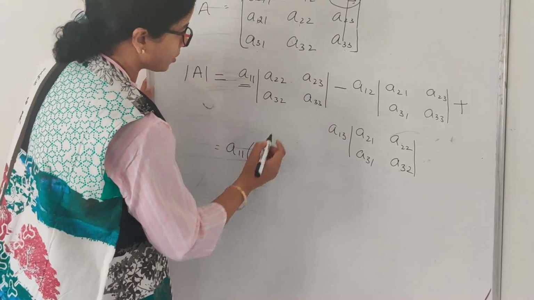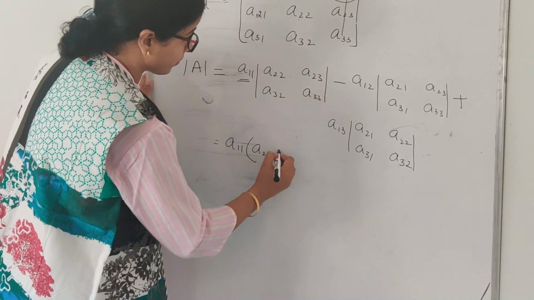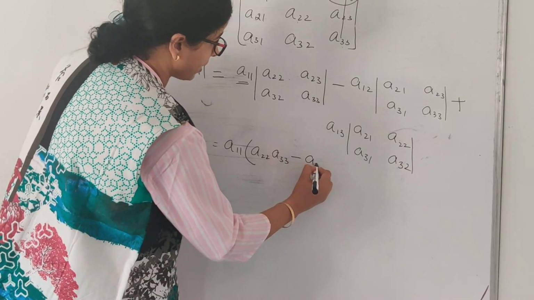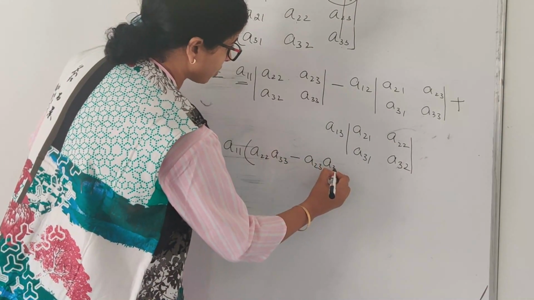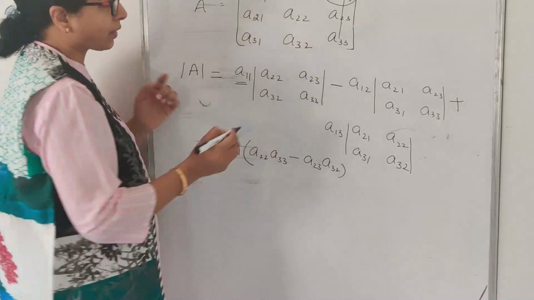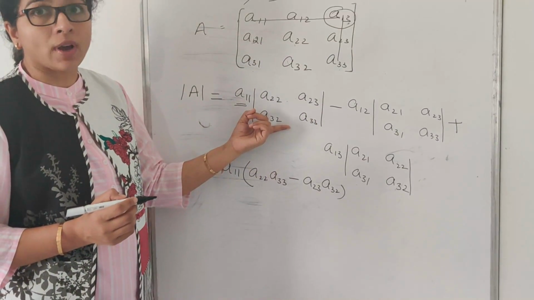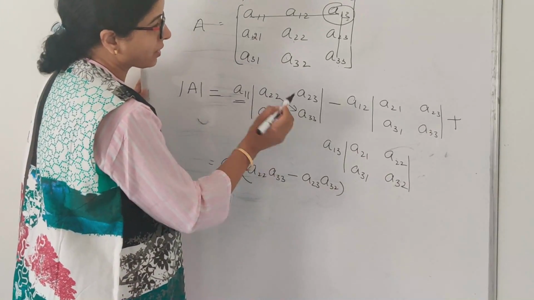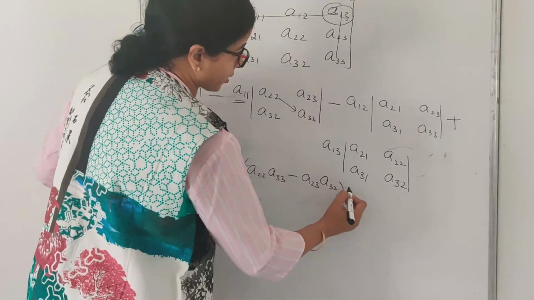A11, now multiply these two: A22, A33 minus A23, A32. This is the same way we have calculated the determinant of the square matrix of order 2, main diagonal elements minus non-diagonal elements multiplication.